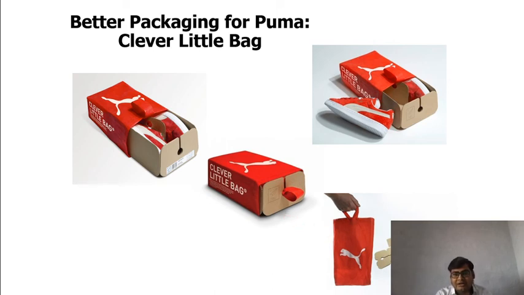Normally we see that a box will use two layers of boxes and it will be put in a plastic bag, but Puma has designed this bag such that it uses a minimum amount of material for packaging of food, and also they are using this cloth bag so that the effect on the environment will be reduced. So these are examples of design for environment by different companies.